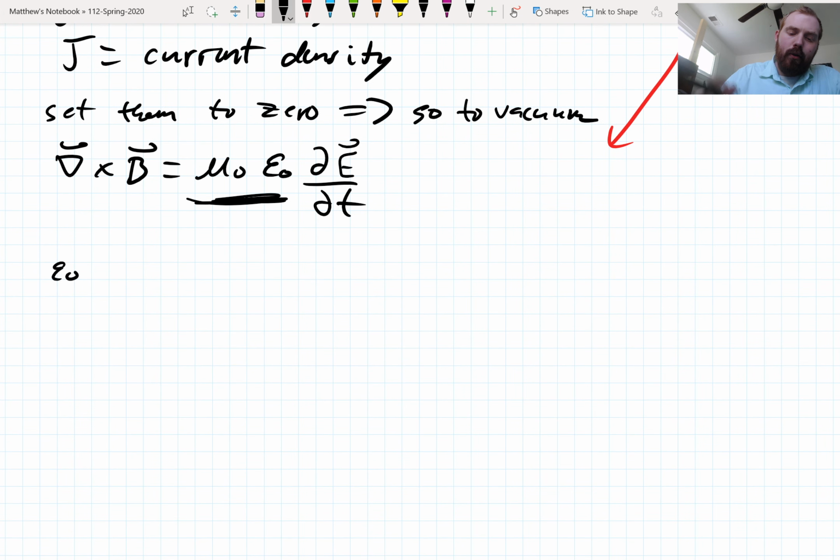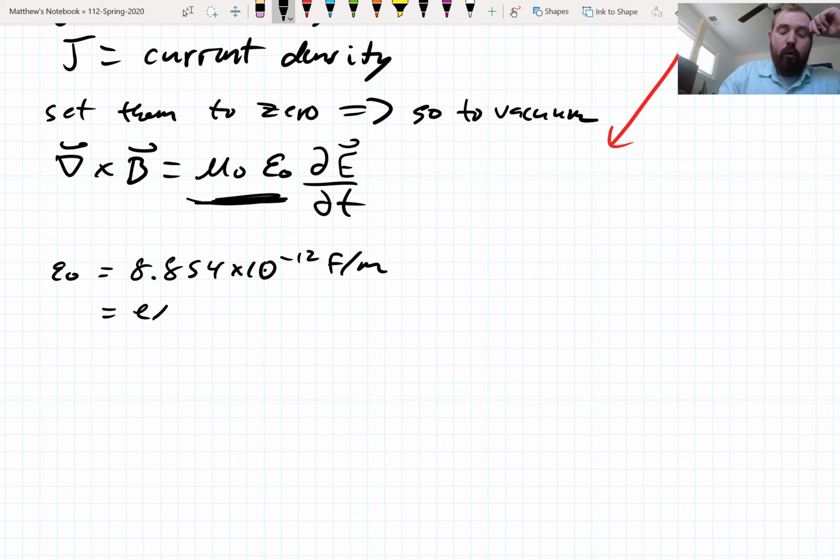So as a reminder, epsilon naught, our electric constant, is 8.85 times 10 to the minus 12th farad. The name for it is the electric permittivity, the electric permittivity constant.